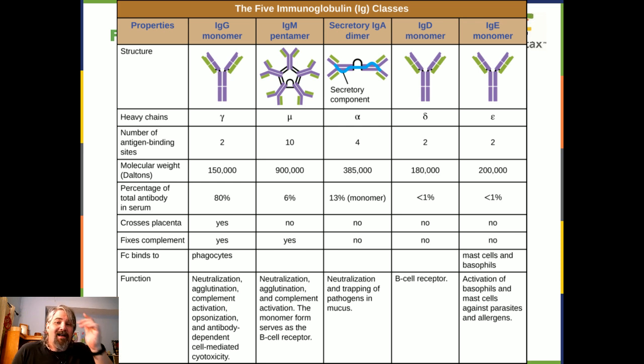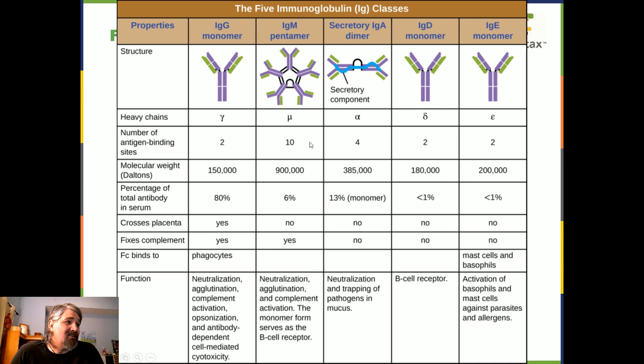All right, the 5 classes of immunoglobulins. We have our basic monomer, that is immunoglobulin G. We have the IgM pentamer, and the secretory IgA, IgD, and IgE monomers. So IgG, IgD, and IgE have 2 binding sites.